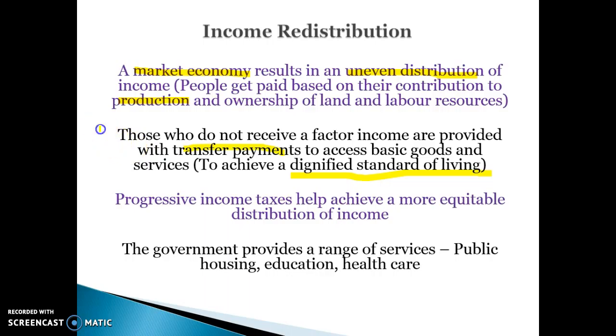And finally, they provide a range of other services for low income earners: public housing, public education, healthcare, Medicare cards, that kind of thing. So one other reason why the government intervenes is to distribute income more evenly. You need to be aware of why a market economy has an uneven distribution of income and how the government can intervene to make that more even.